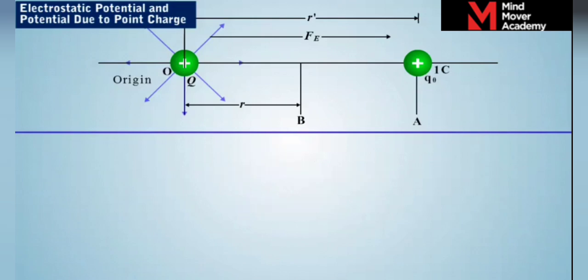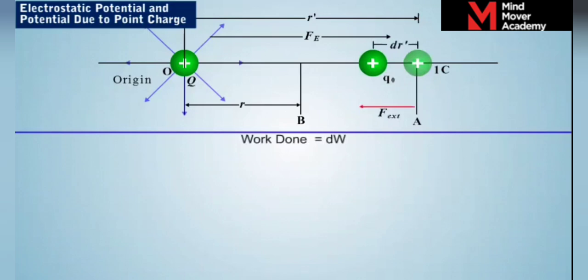Now, let us move the unit positive charge from A towards B in the electric field by a small distance dr dash, and let dW be the work done in the process.